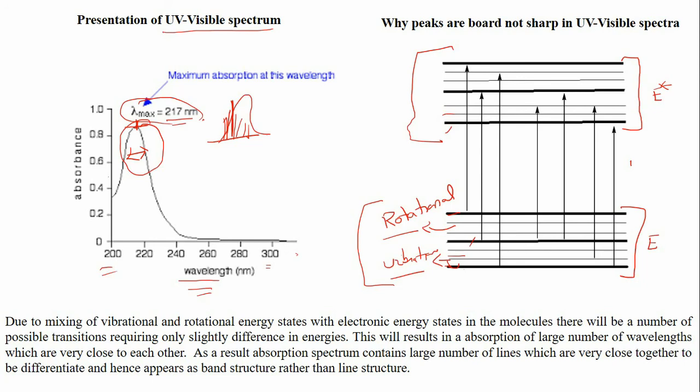This results in absorption of a large number of wavelengths very close to each other. As a result, the absorption spectrum consists of a large number of lines very close together, and they appear as a band structure rather than a line structure.